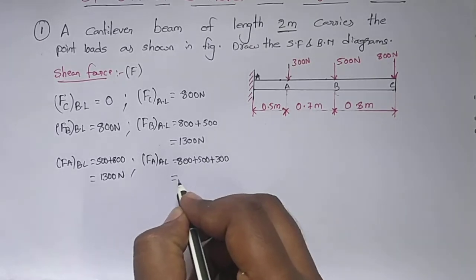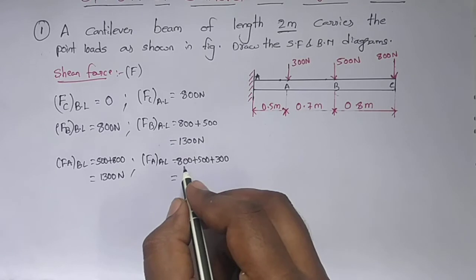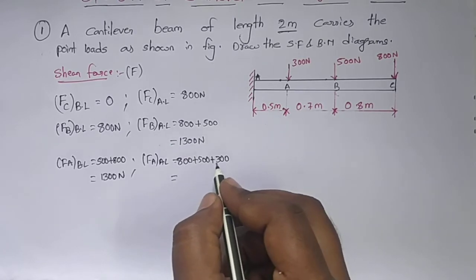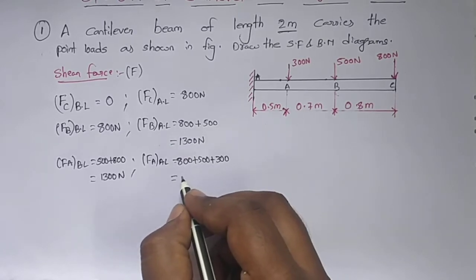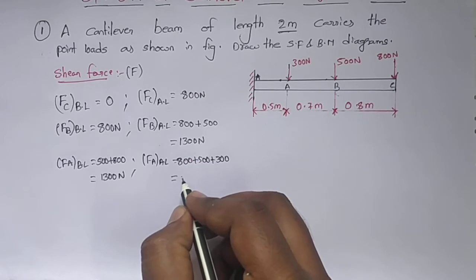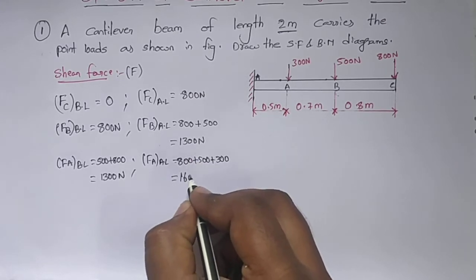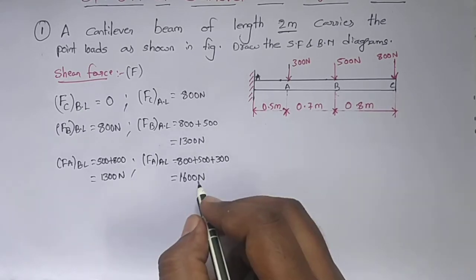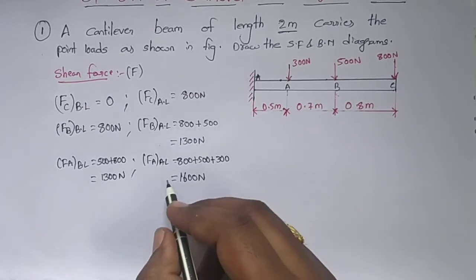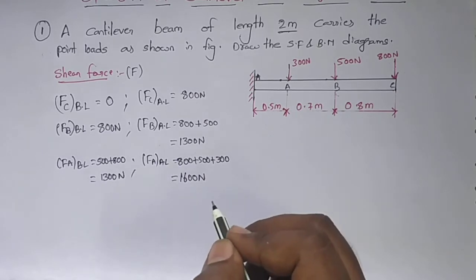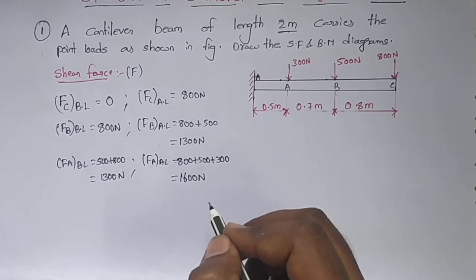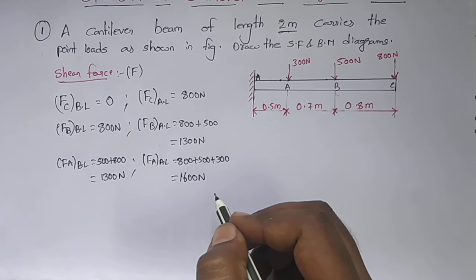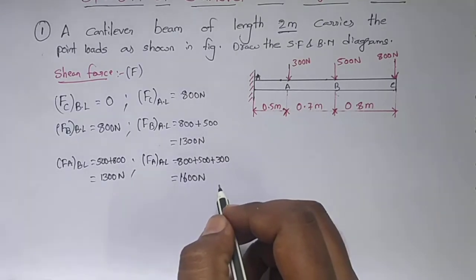The total load on the beam is 800 plus 500 is 1300, plus 300 is 1600. The total load acting at point A is 1600 newtons. That means shear force at point A after load is 1600 newtons.